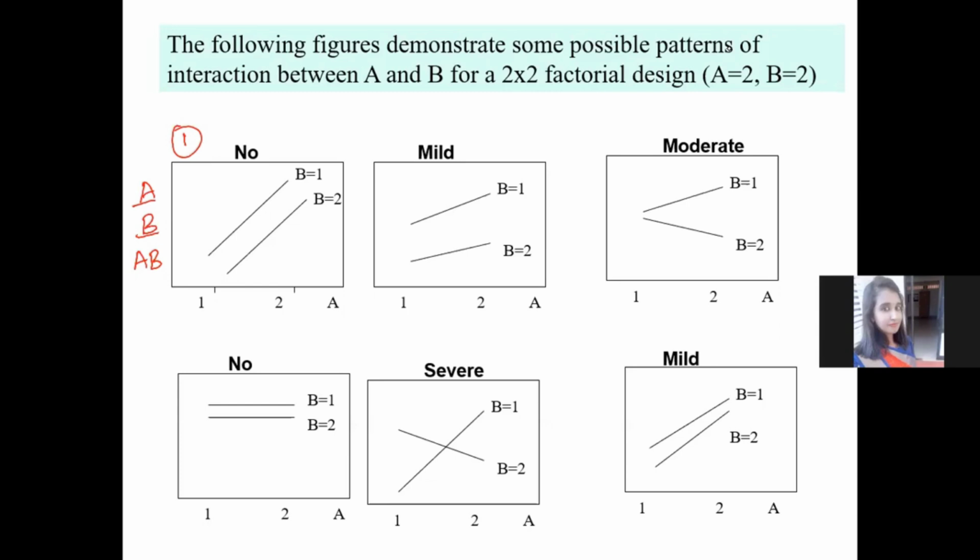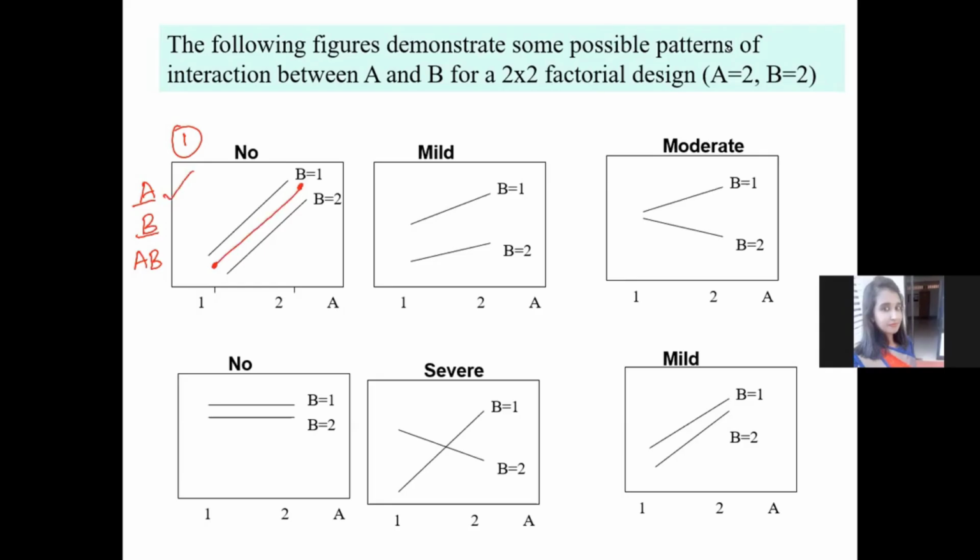Anyone? What is the average of A? The average of A1 is there, the average of A2 is there. So there's a slope, so the main effect of A is present.